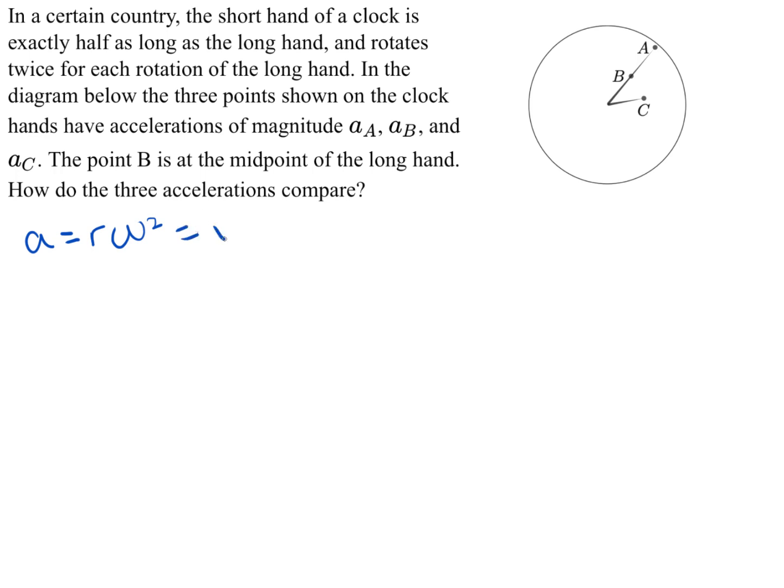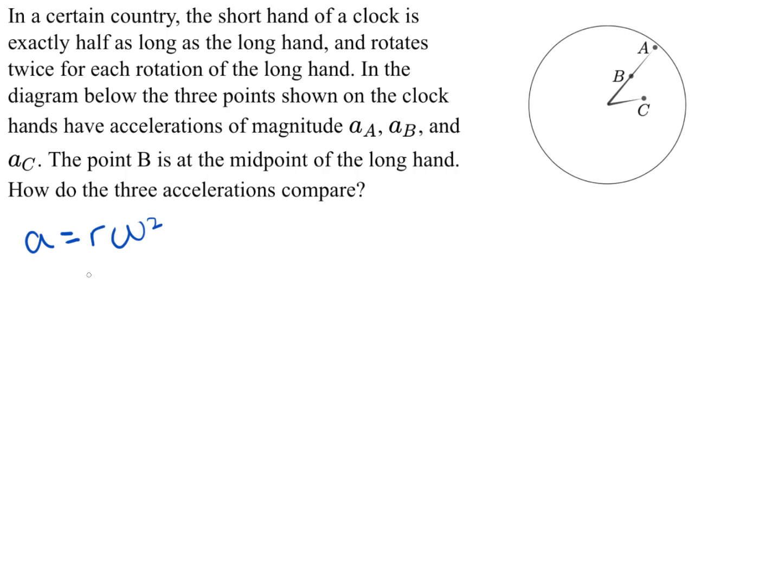And it can also be expressed as the linear velocity squared over the radius, but we won't really be using this because it's just not very convenient right now, since we don't know the linear velocity of any of these points, but we do know the angular velocity.